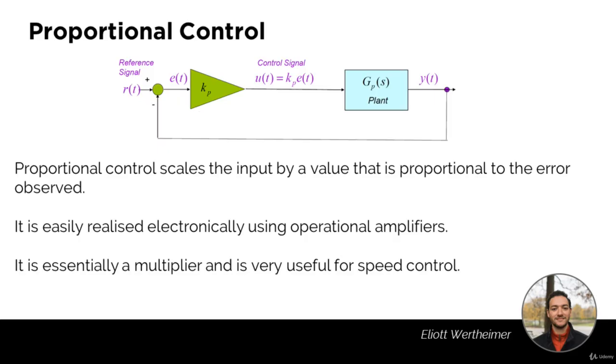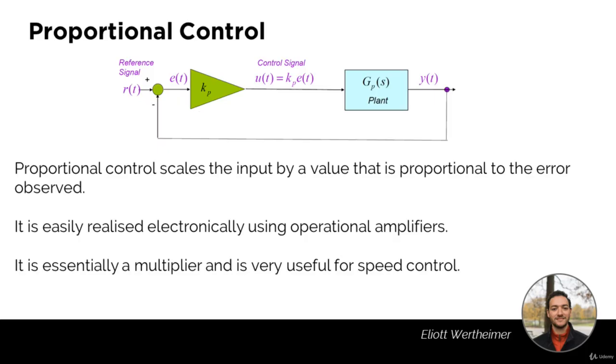So the control signal here, in the case of a proportional controller, is U(t) equal to Kp, which is the gain of the controller, the variable that we set, multiplied by the error E(t). So essentially, proportional control scales the input, which is U(t) in this case, by a value that is proportional to the error observed.